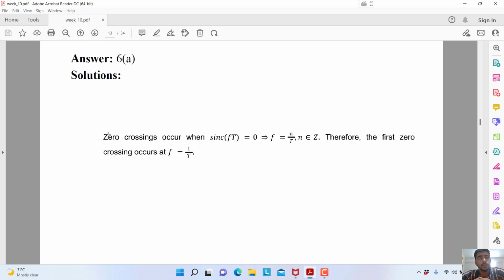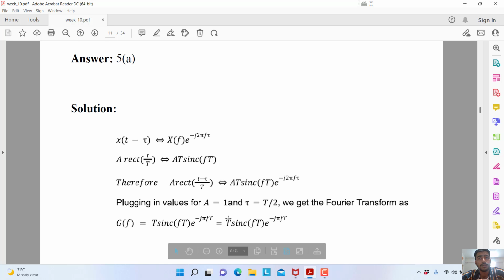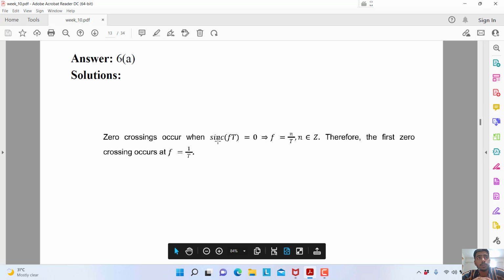If you see the output of the question, it's T sinc(fT) e to the power minus j pi f T. To find the first zero crossing, you just equate this term equal to 0.